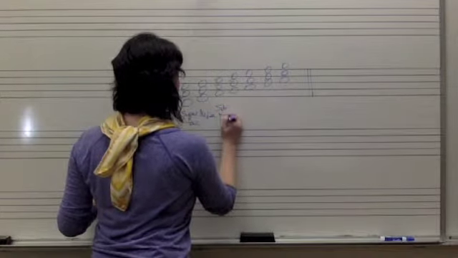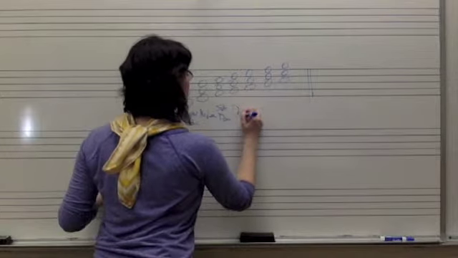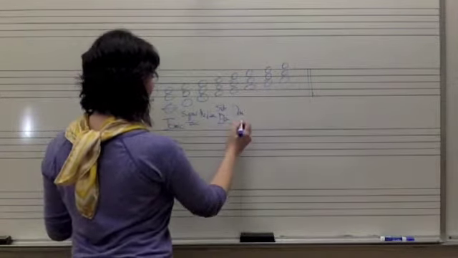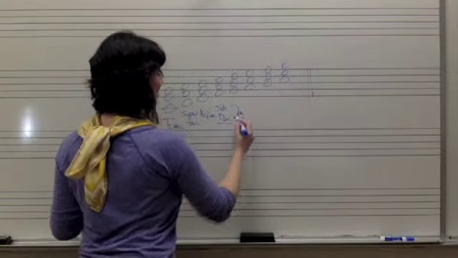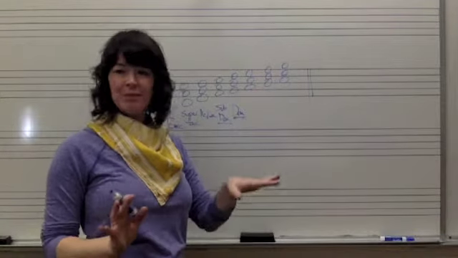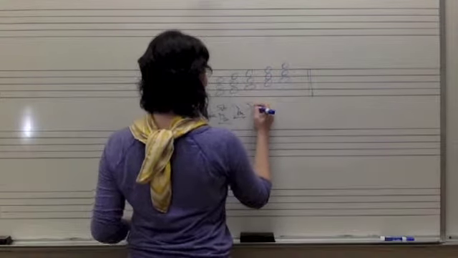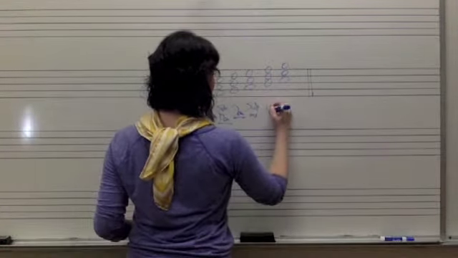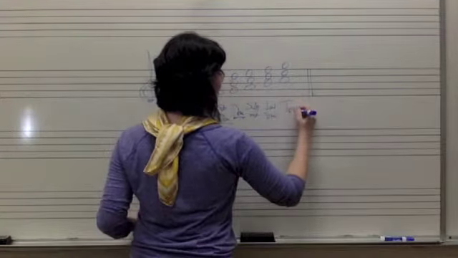And then the fifth is the dominant. And these are especially important. So tonic, subdominant, dominant. You're going to hear those terms tossed around all the time when we're doing analysis. And then we've got the submediant, leading tone, and then finally tonic again.